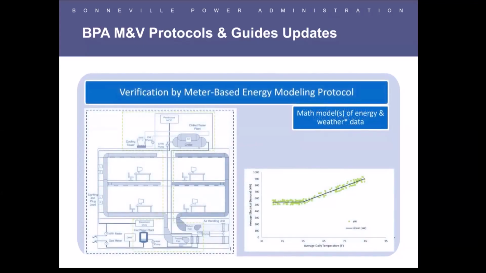So the next one is the meter-based energy modeling protocol. This method utilizes a whole building approach and uses meter-based energy data and usually weather data or another independent variable to create a mathematical model or models of the building before and potentially after a retrofit, and you compare your predicted energy use to your actual energy use afterwards to determine your savings.